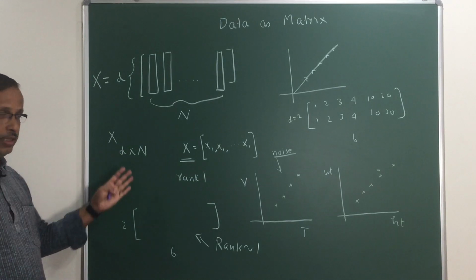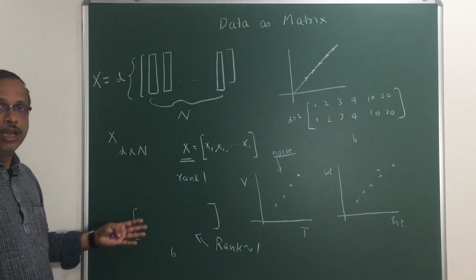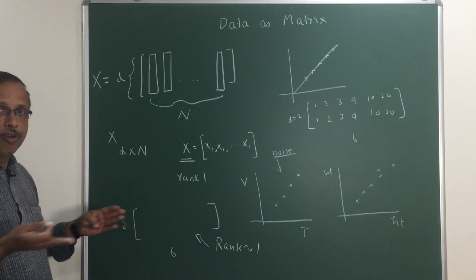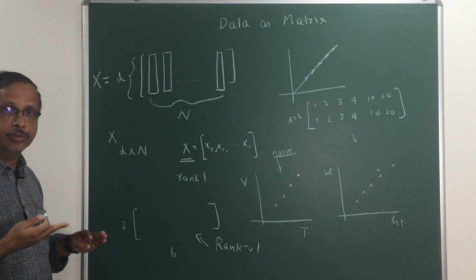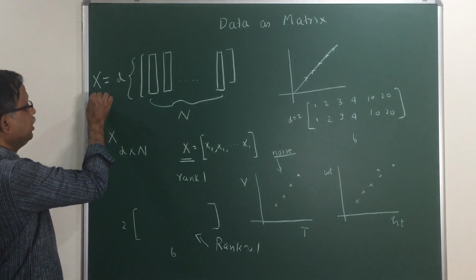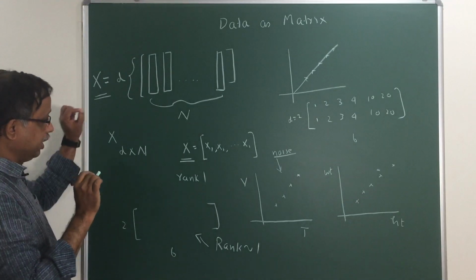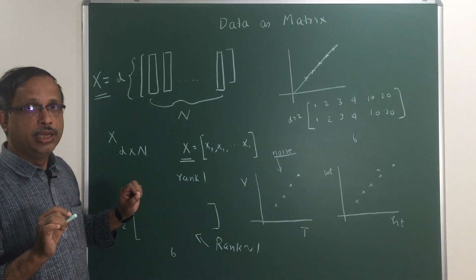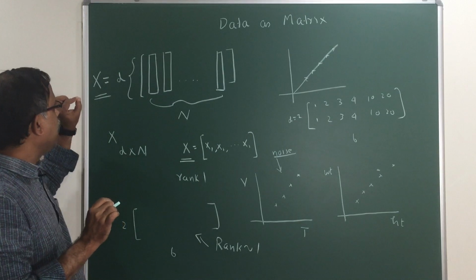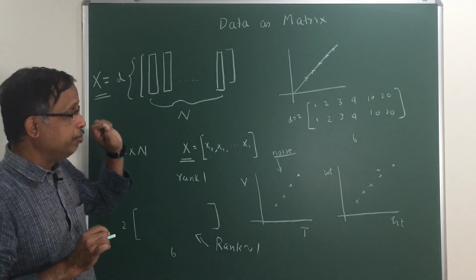The rest of it is coming from the deviation of the data from that property that we are interested in. So you will see soon that your data matrix need not be rank deficient, but it is practically rank deficient. And this property will be of immense use to us.